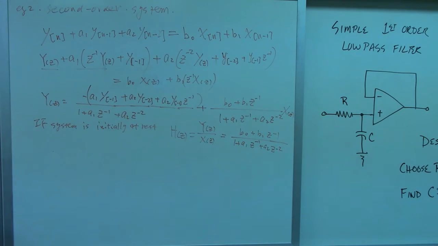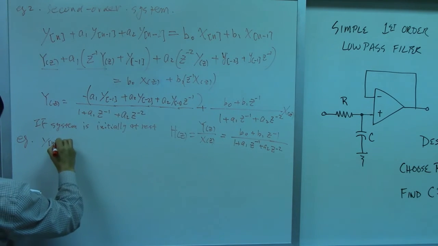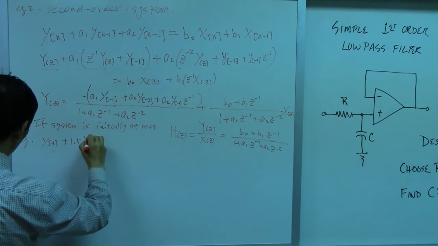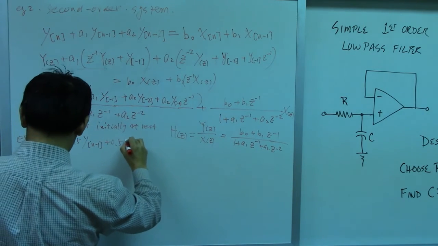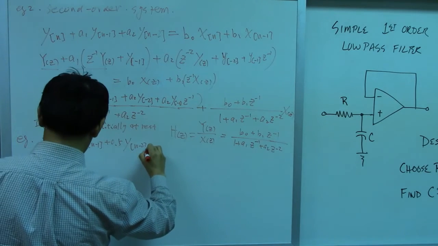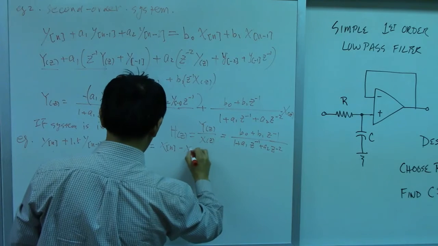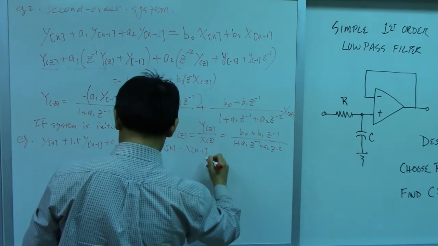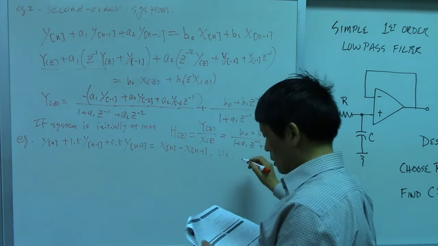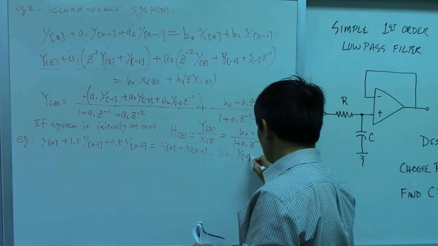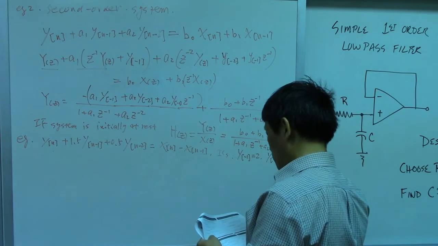So the system is y[n] plus 1.5 y[n minus 1] plus 0.5 y[n minus 2] equals x[n] minus x[n minus 1], and the initial conditions are y[-1] equals 2 and y[-2] equals 1.